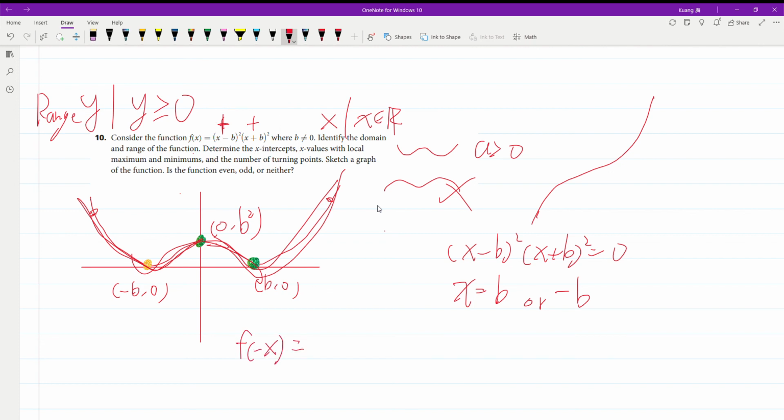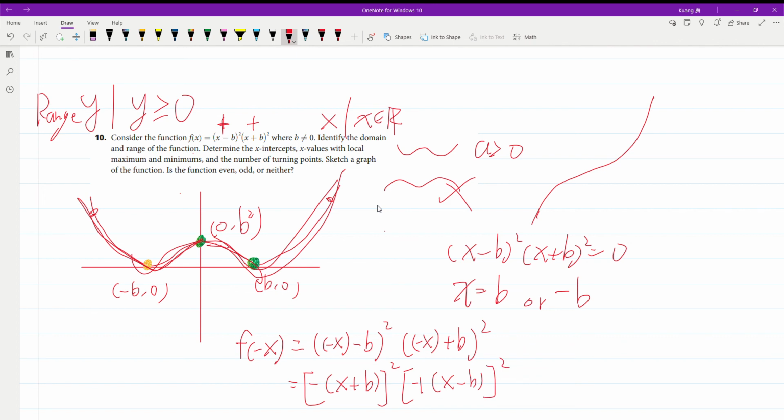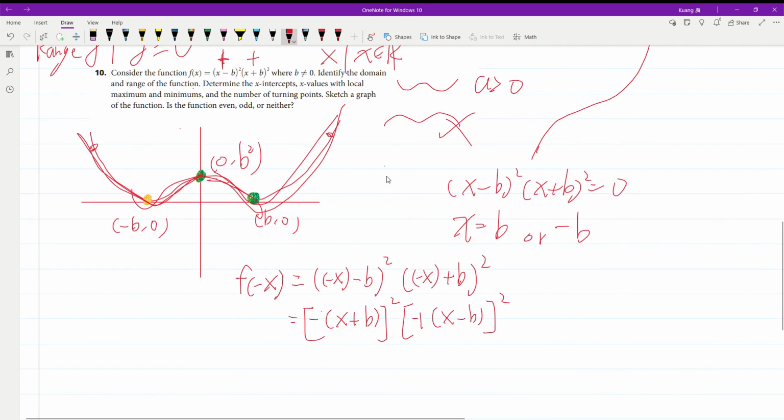So you will see that it becomes (-x - b)^2 times (-x + b)^2. If you factor out negative 1, it will be (-1)^2 (x + b)^2 times (-1)^2 (x - b)^2.